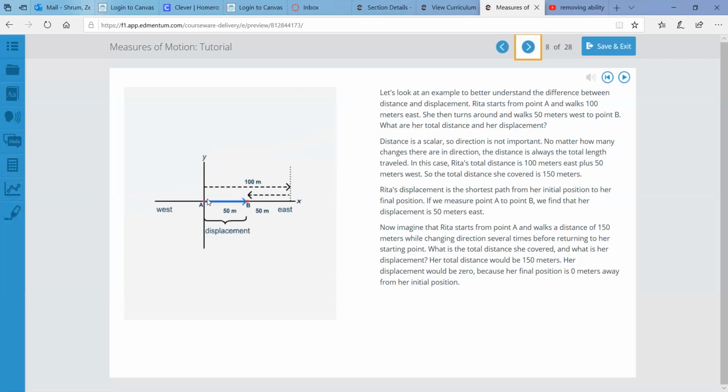So if you leave this point, go back and forth, and then wind up right back where you started, you didn't change position between these 2 points in time. Since you wound up right back where you started, your displacement is 0.